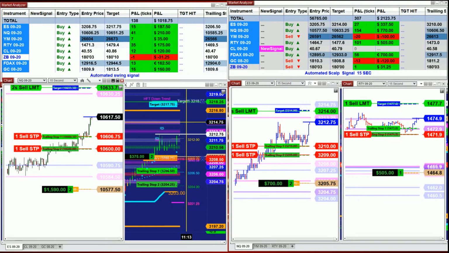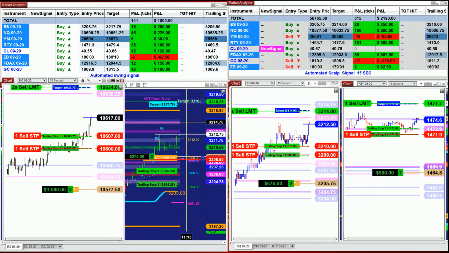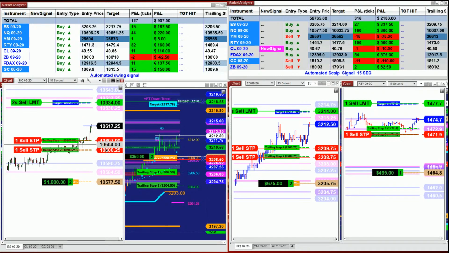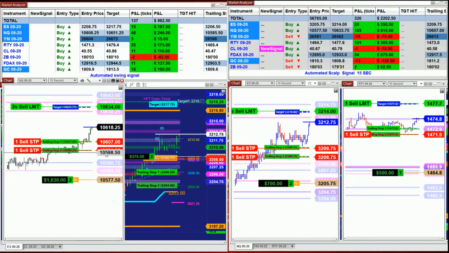It seems like we're about to hit the target on the ES. I'll be glad to do that. We have a resistance level at 32.1325. The system increased the target to 32.14. We are the only one.